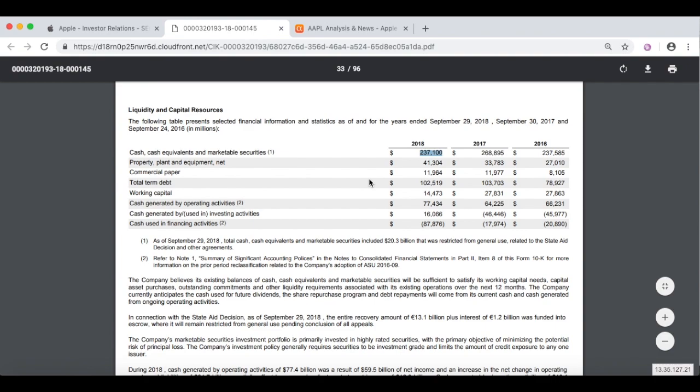It's $237 billion. Commercial paper, debt. Look at that. This to me would bring up red flags for most companies, but you have this massive cushion of cash. I'm not super worried about this.